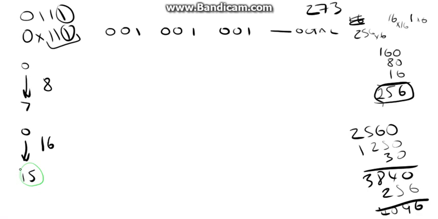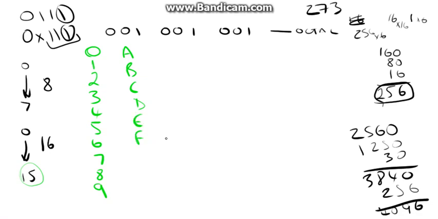You've got to try and represent that in one digit. Well, obviously you can't. So what hexadecimal does, it has 0, 1, 2, 3, 4, 5, 6, 7, 8 and 9, and then it uses the alphabet, which is A, B, C, D, E and F. It only needs to go to 15.